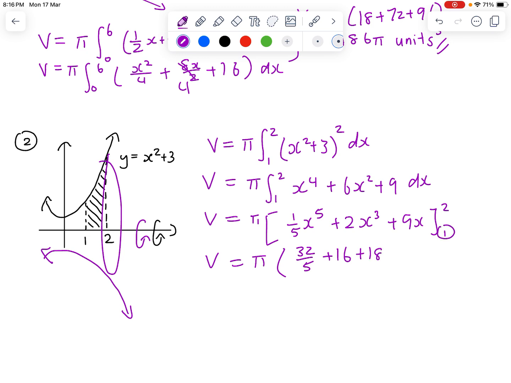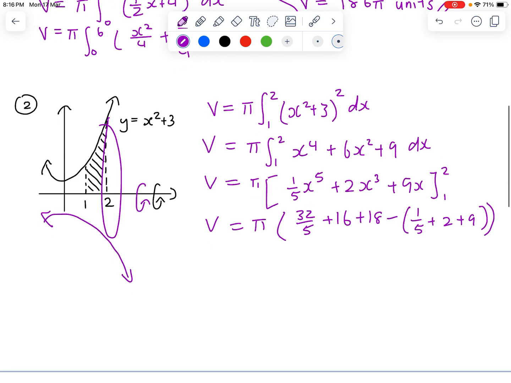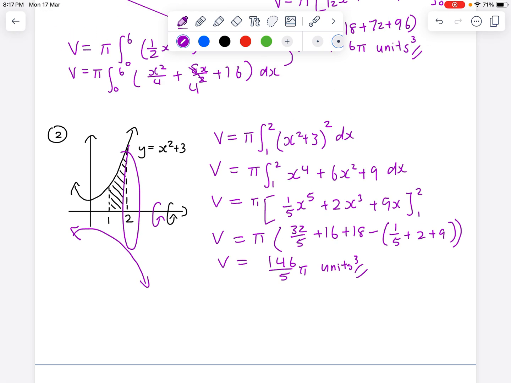Then my next step is to plug in 1 into the x values and subtract it. So subtract 1 over 5 plus 2 plus 9. Once I've simplified all that, I get 146 over 5 pi units cubed. So there you have it.